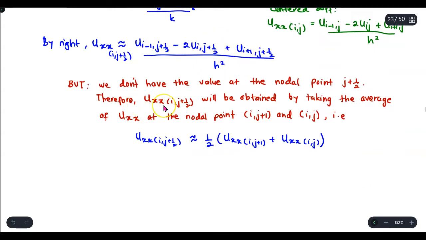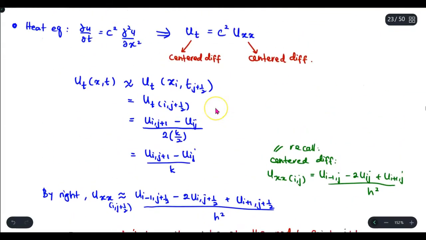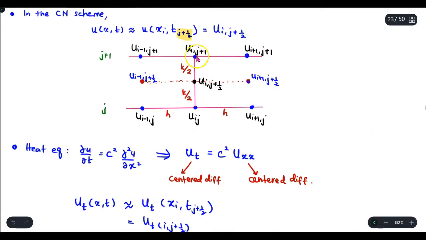Therefore, u_xx at the nodal point (i, j+1/2) will be obtained by taking the average of u_xx at the nodal points (i, j+1) and (i, j). By the grid it is this point. We want to have the second derivative evaluated at (i, j+1/2), here. But we cannot use this guy and this guy at the left and right hand side because we don't have the value at those points.